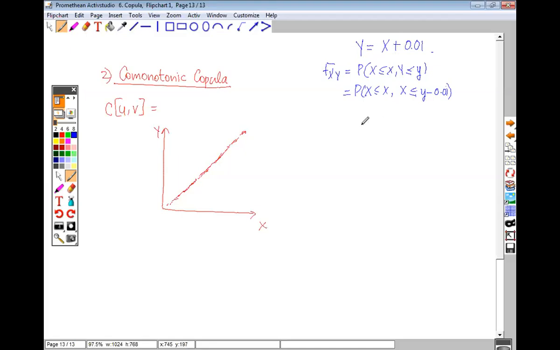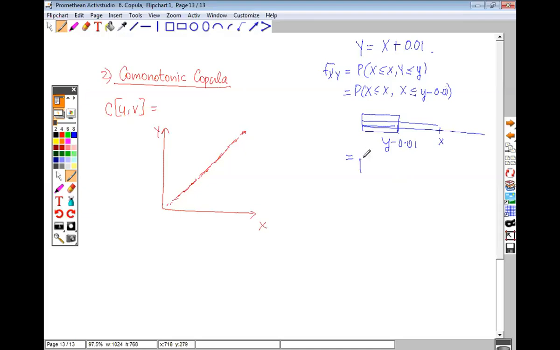Now I can maybe draw a number line. I want my x to be less than x, and I want my x to be less than y - 0.01 as well. I'm not looking at either this or this, I'm looking at this and this. I want both of these to appear simultaneously, so I know the region that I care about is this. But we don't know for sure whether my x takes a lower value or this guy takes a lower value.